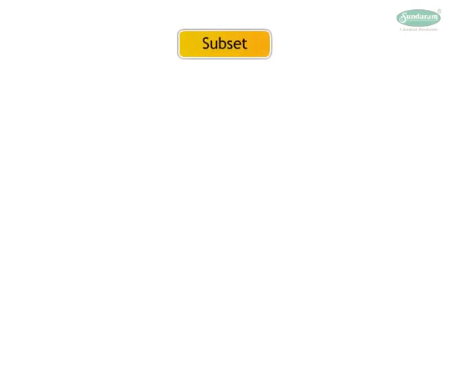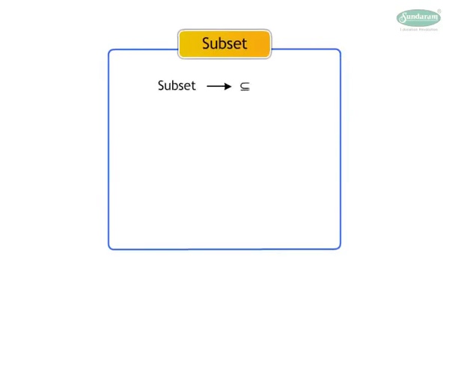Subset. Friends, we will now understand the meaning of subsets. The subset is denoted as, this sign denotes proper subset. Now, we will turn the sign of proper subset by 180 degrees and we get a new sign whose meaning is superset.